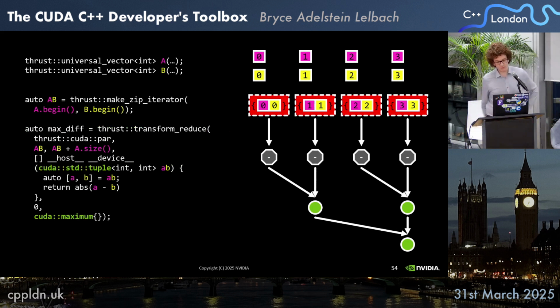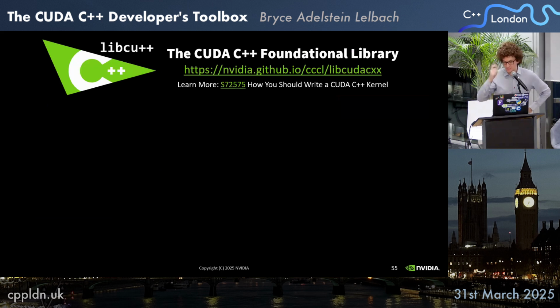We've used two new facilities in this example that I haven't explained yet. The first is a cuda::std::tuple instead of std::tuple, and then cuda::maximum, which is a function object, instead of std::max, which is just a function. These are facilities from libcu++, which is CUDA C++'s foundational and standard library.